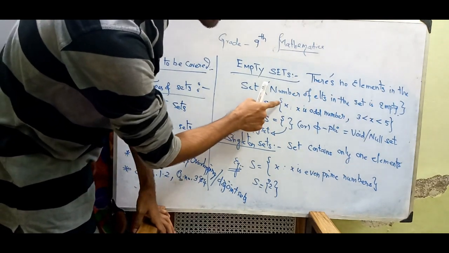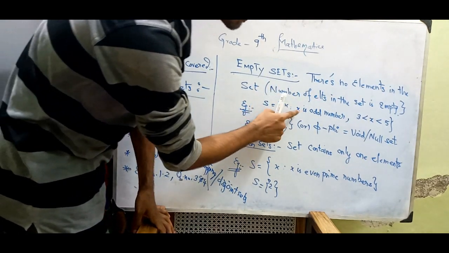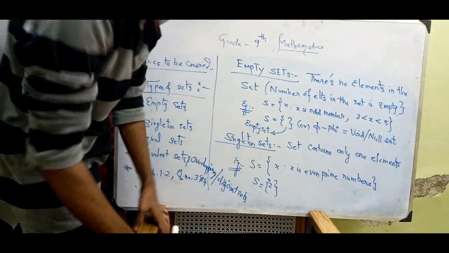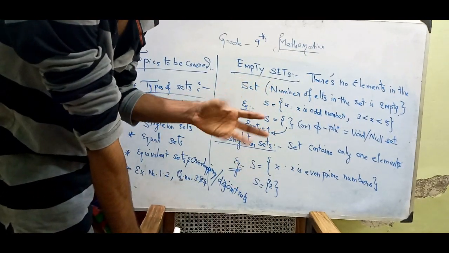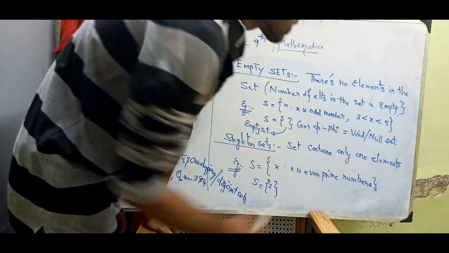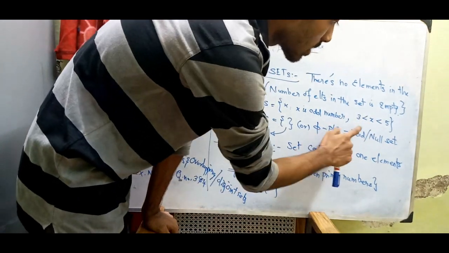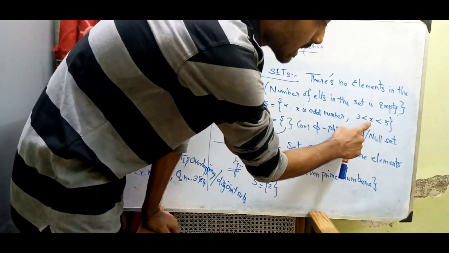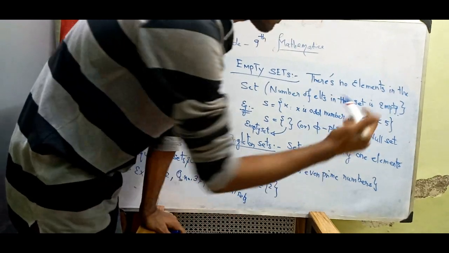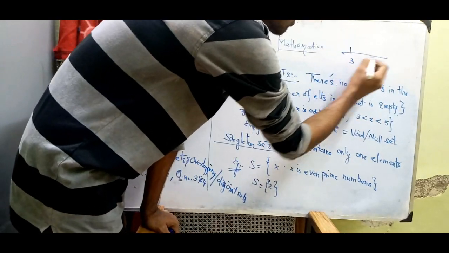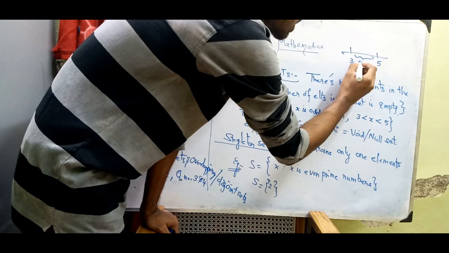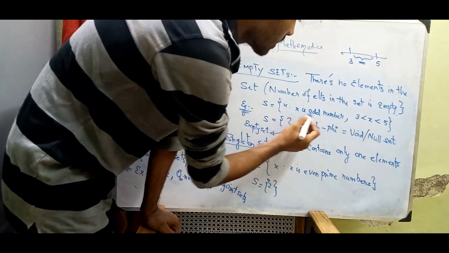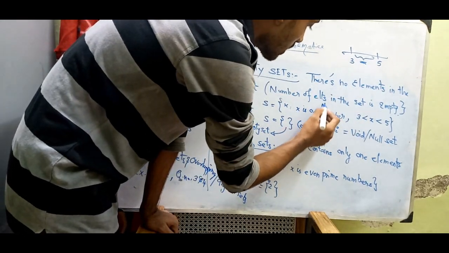S is {x such that x is an odd number}. So we know the odd numbers are 1, 3, 5, 7 and so on, right? Another condition is given here: x lies between 3 and 5, and x is an odd natural number.